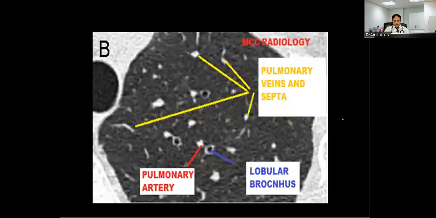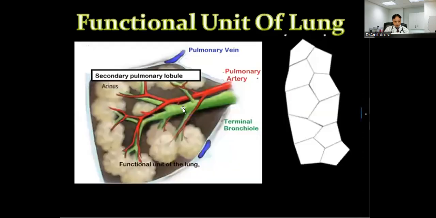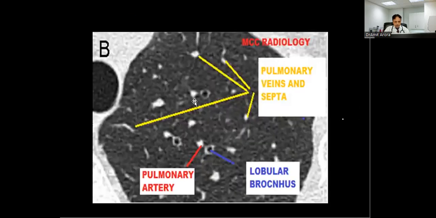Now let us discuss the various structures in the HRCT. Here you can see these two structures. As I told you in the slide, the bronchiole is always paralleled by a pulmonary artery. Here you can appreciate that whenever there is a bronchiole, you see this ring-like structure. These are always paralleled by a pulmonary artery, so we can make out this is the pulmonary artery.